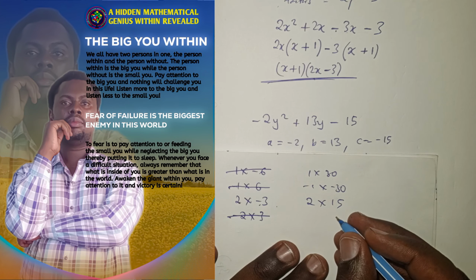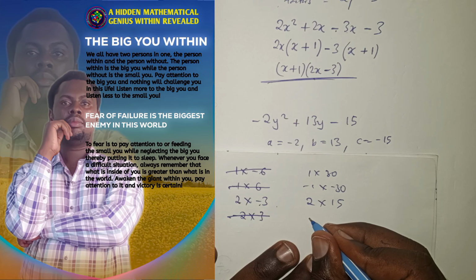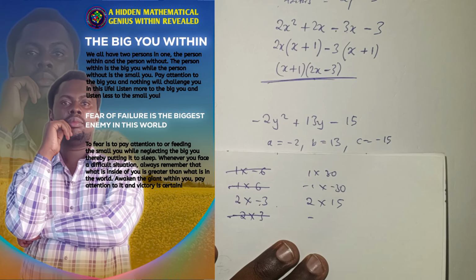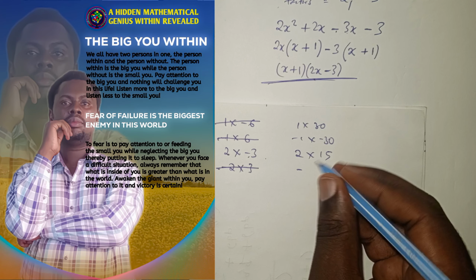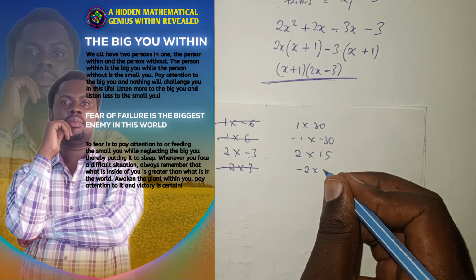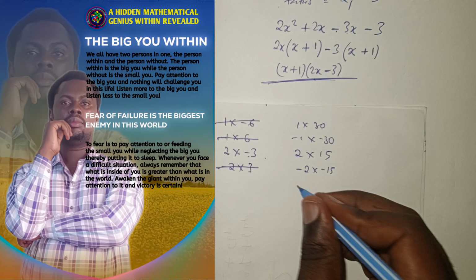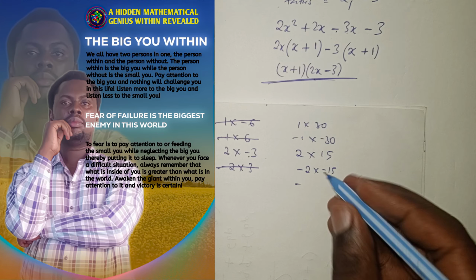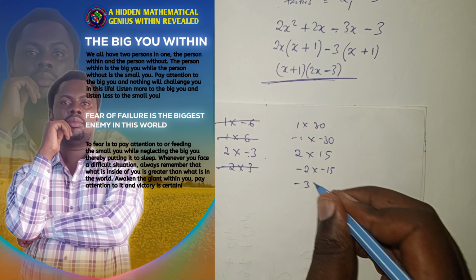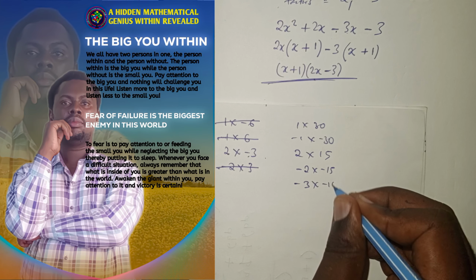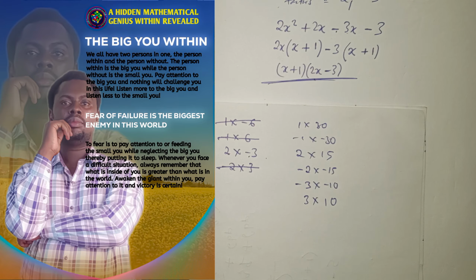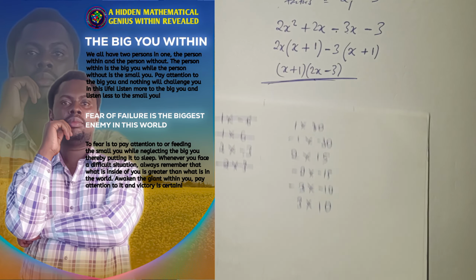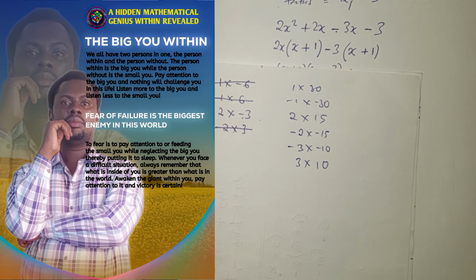We can also have negative 2 times negative 15. We can have negative 3 times negative 10. We can also have 3 times 10. So among these, which one can give us 13?